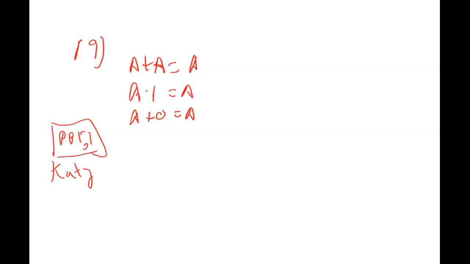And here's one that says x or x equals x. That is theorem number 3, and that theorem is called the idempotent theorem. What is the dual of the idempotent theorem?